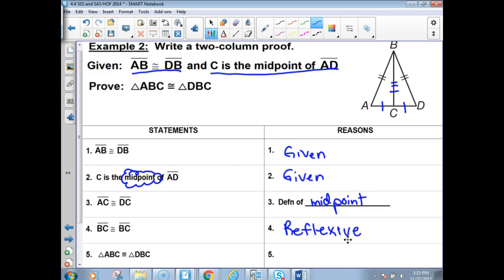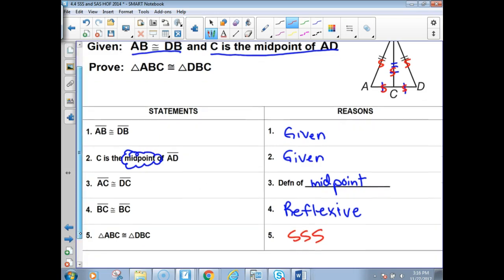It's reflexive. I've seen some very creative words. All right, reflexive. Now that I have that, see how I've marked my picture? So what have I got? Well, I got triangles that are congruent by a side, then a side, then a side, which is the same over here. I got a bunch of S's, SSS, side, side, side postulate. And you only have to write SSS.